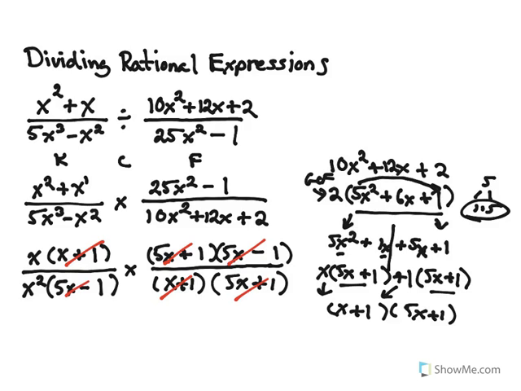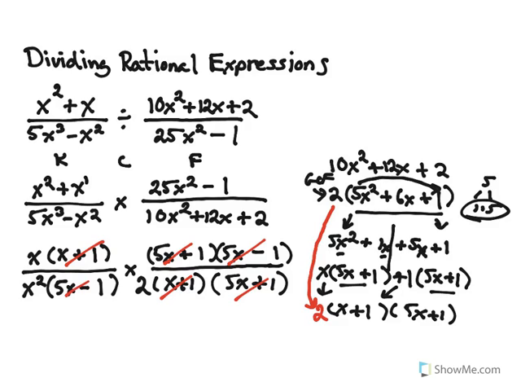Going back to here, you remember this 2 that we factored out of the original polynomial? We need to bring it down as well. Okay, so I need to put that here. So good thing I caught that. So yeah, if you go back to the polynomial, let me just recap. When we go back to the polynomial of 10x squared plus 12x plus 2, remember we originally factored out that GCF of 2?